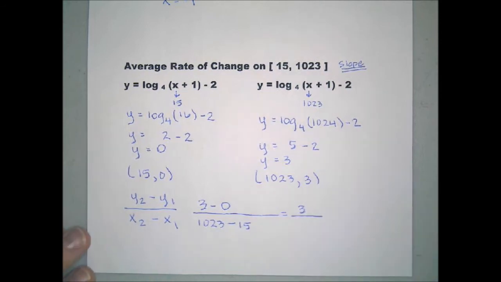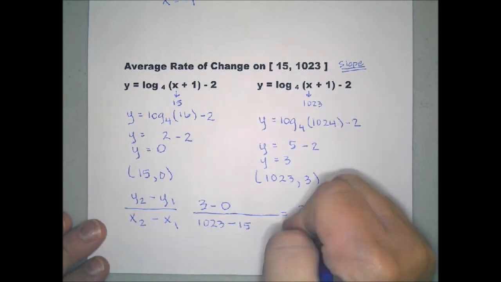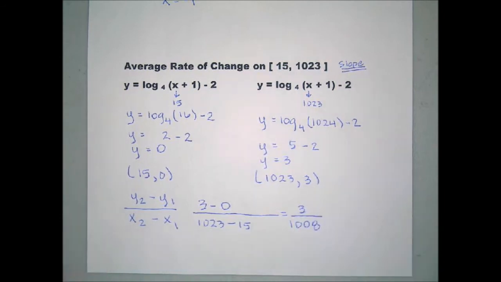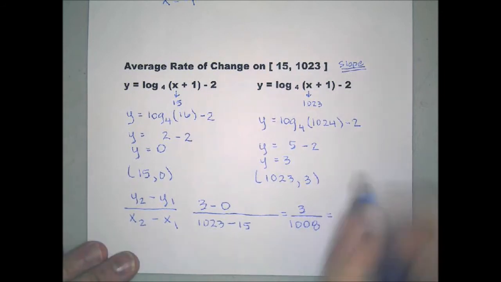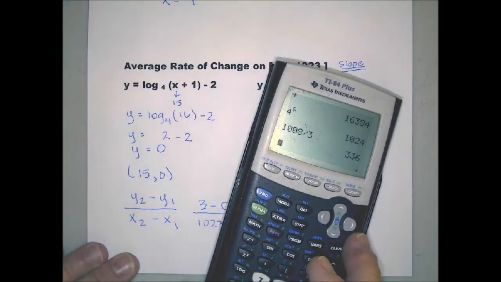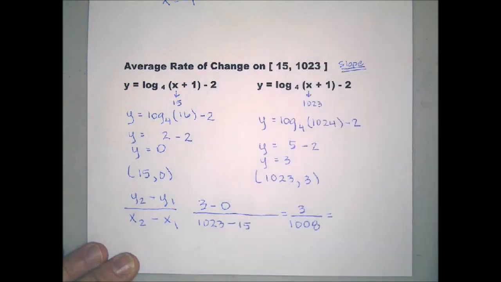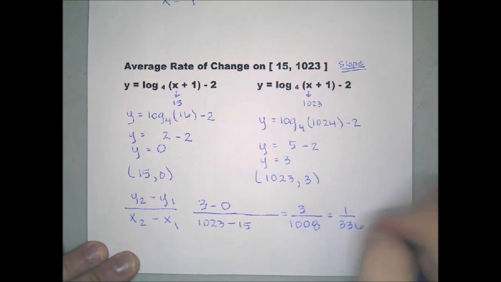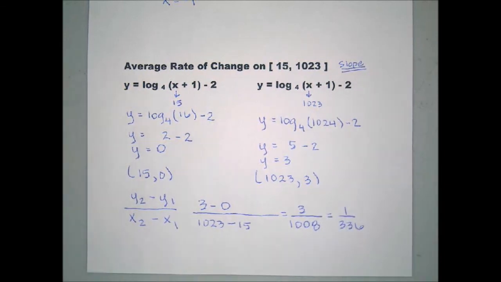So 3 minus 0 is 3. 1023 minus 15 should be 1008. And that can actually be reduced. This is obviously divisible by 3. 1008 is also divisible by 3. You get 336. And so the answer is 1 over 336.